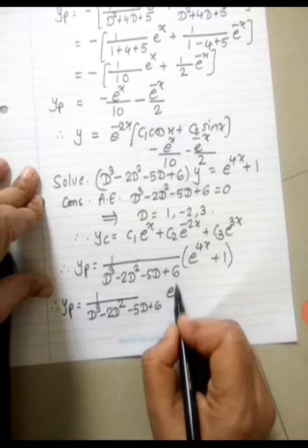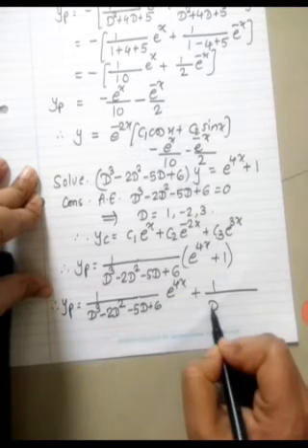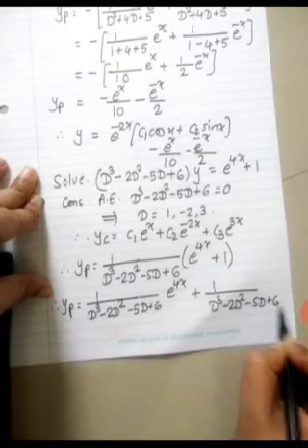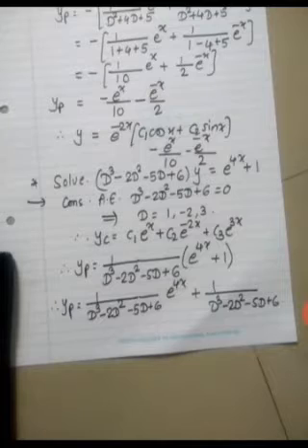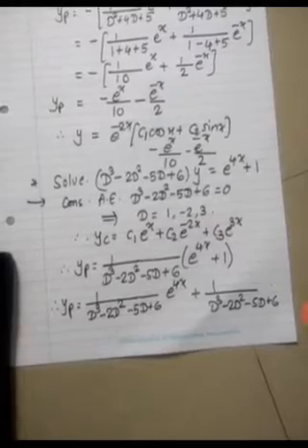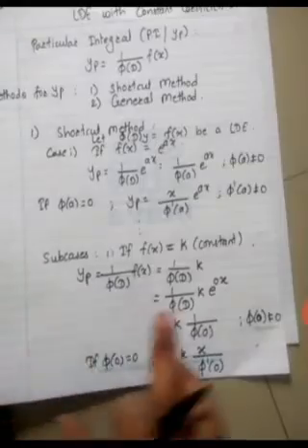Into the first function, e raised to 4x, plus 1 upon phi d into 1. So what should we do for 1? Should I go back and show you again? If there is only a constant function, there is a subcase 1.